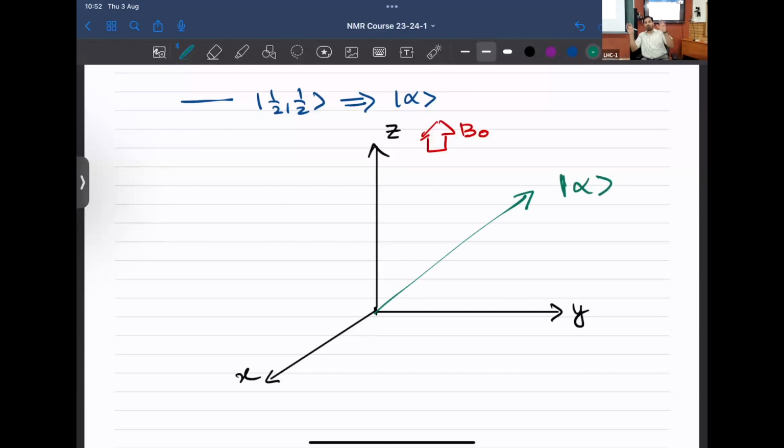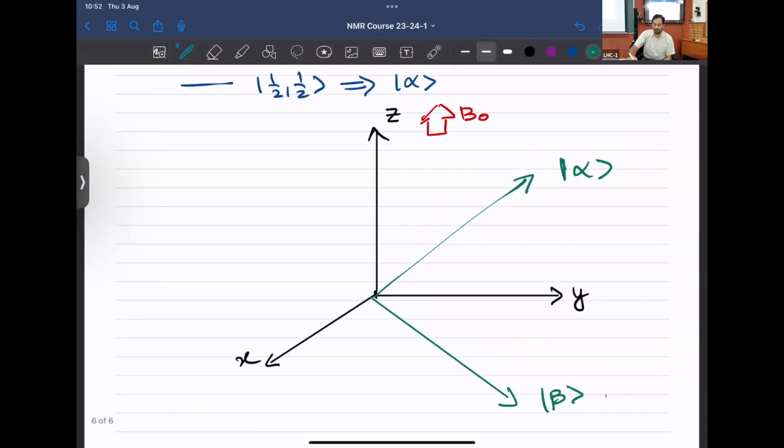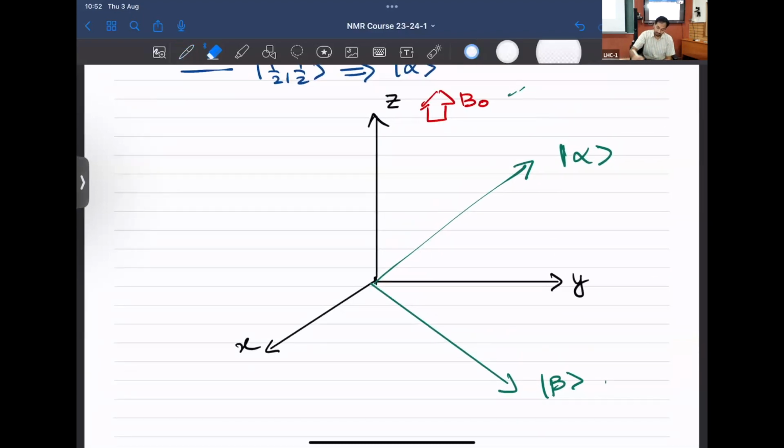Why did I put the more parallel one to be the alpha state? Because it should be close enough to the classical magnetic field, so it has to be as parallel as possible. And the beta state is going to be the opposite state, with respect to B naught.